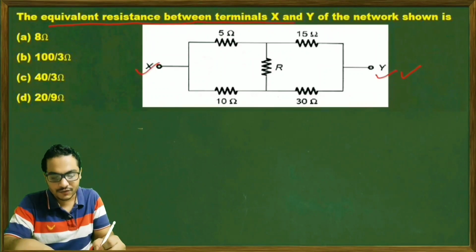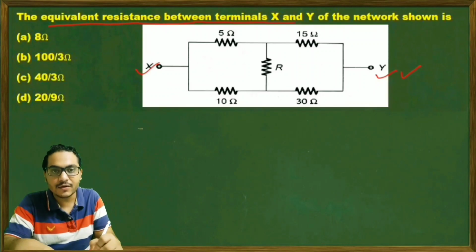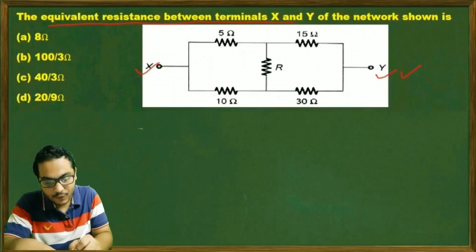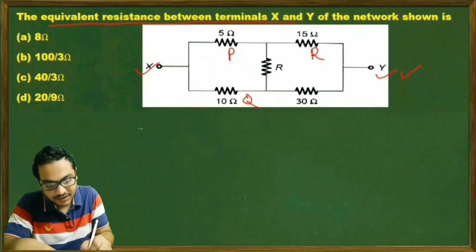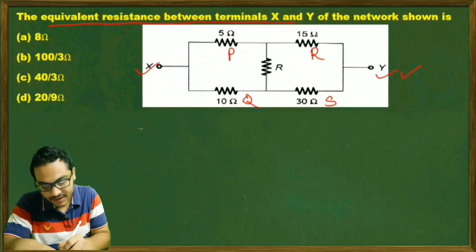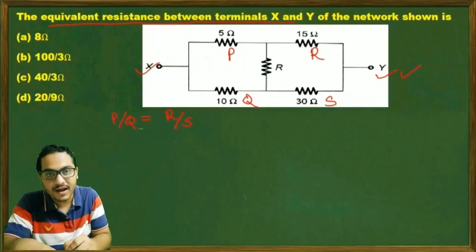So the network which is given in the question is a very standard example of your Wheatstone bridge. In a Wheatstone bridge, the four arms are represented by the symbols P, Q, R and S. When the ratio of their arms, that is P by Q equal to R by S, are equal, then the bridge is said to be in balanced condition.